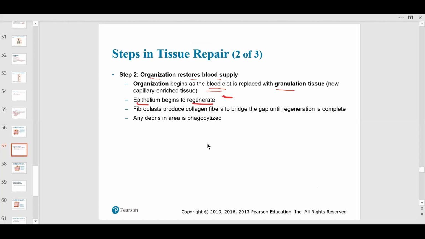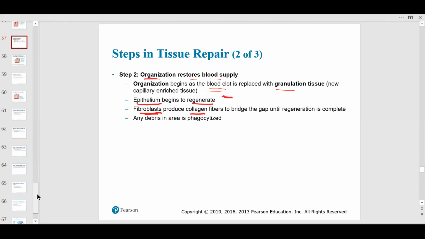And epithelium is very mitotic, so it can regenerate fast. And the fibroblasts begin to produce collagen. So the first step is inflammation. The second step is organization, restoring the blood supply. Because you need the stuff from the blood, the nutrients, the cells, and the other chemicals that help that tissue repair, sorry.